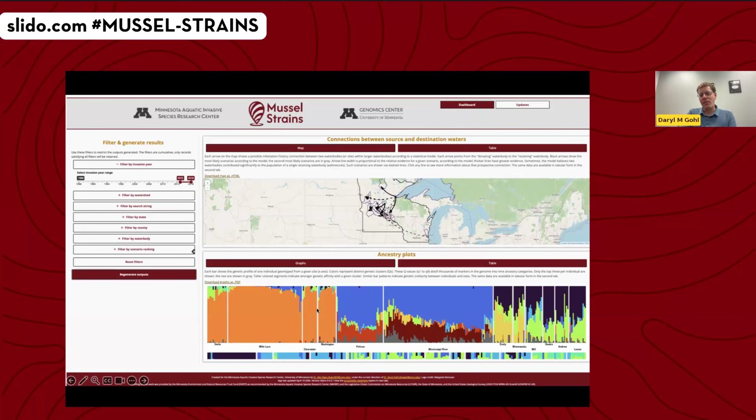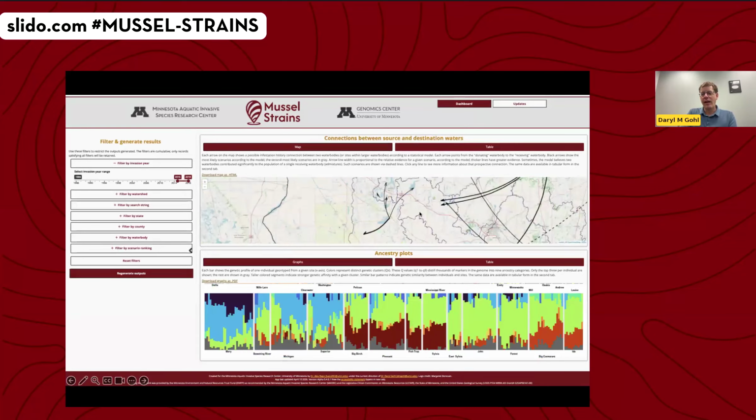And then these maps are explorable. And so you can click on these plus minus arrows and drag the map around and zoom in on the specific regions of interest. And so this is an example here showing a lake that was responsible for 4 different infestations in this time frame, right?